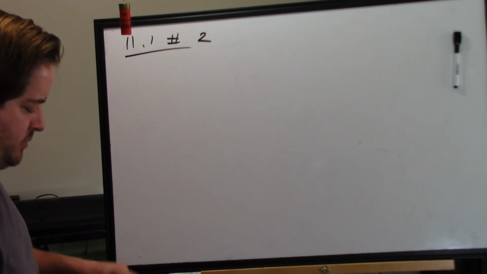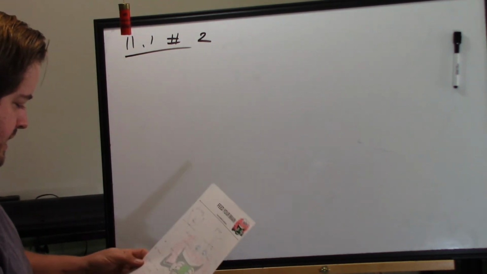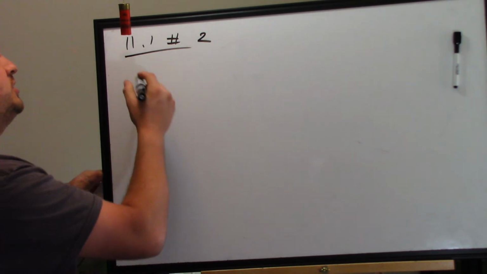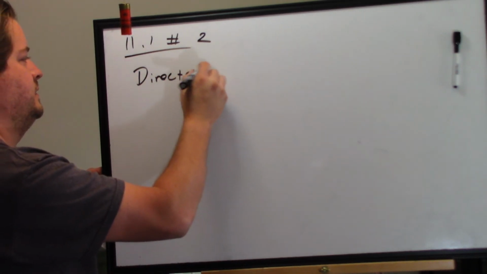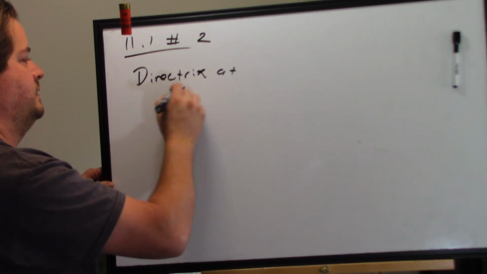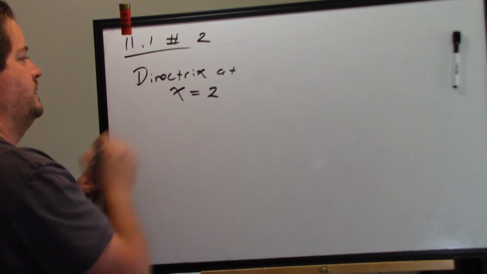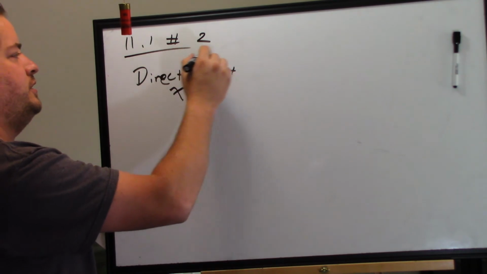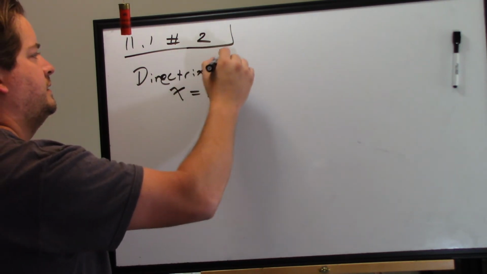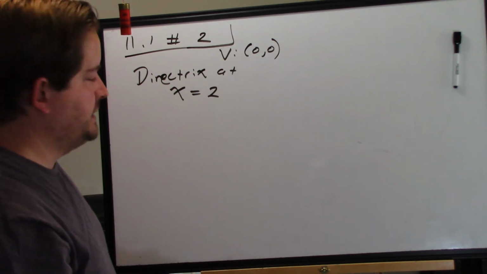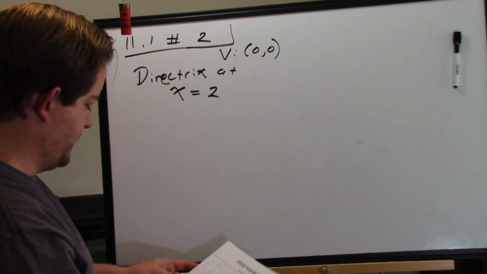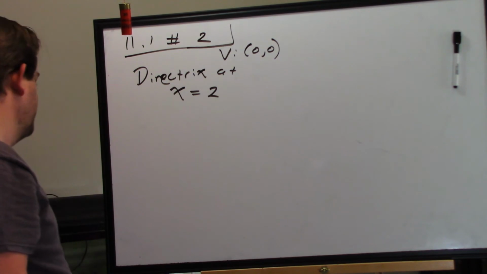I think the next one down says we have a directrix at x equals 2. And again, our vertex is still at 0, 0, always, at least in this section.